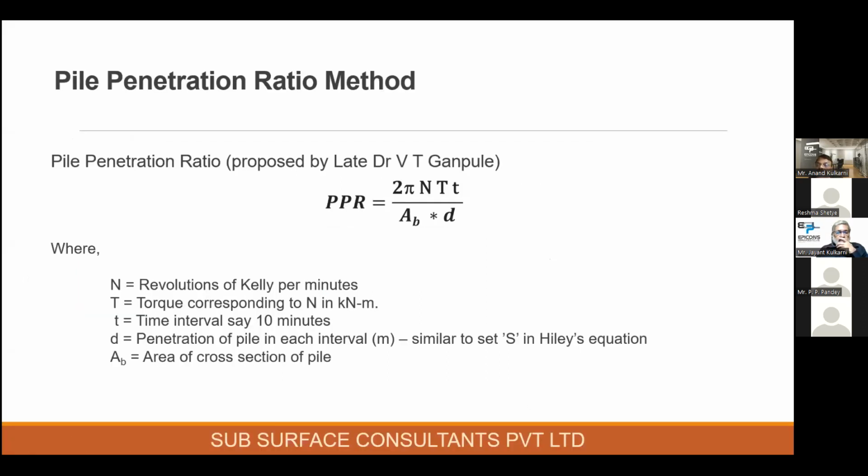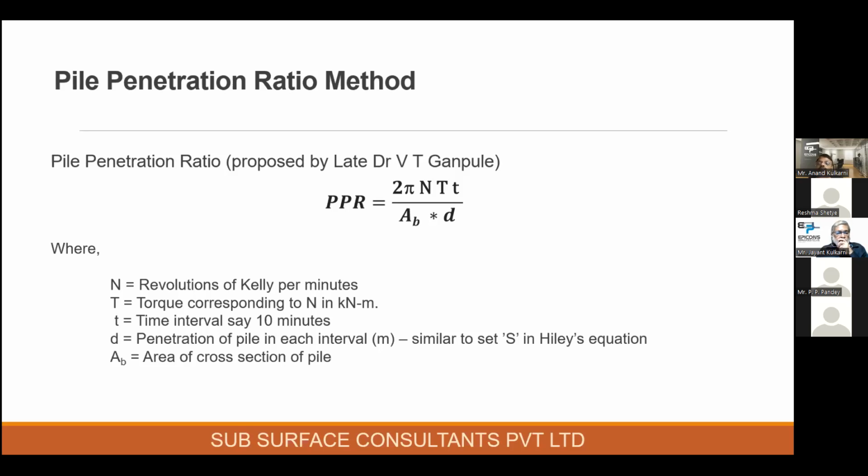Okay, sir. So we were at this point where we are talking about the similarity of the pile penetration ratio method with the chisel penetration energy method. And we pointed out that the energy per square meter area for the penetration that is actually achieved.